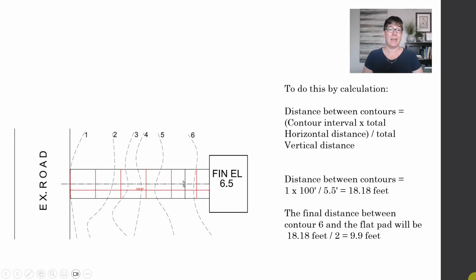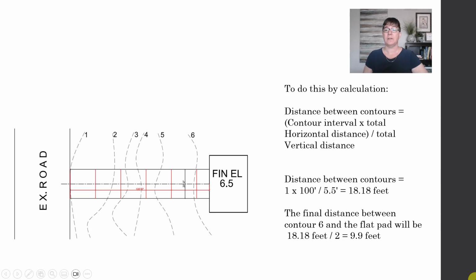You can do this by calculation as well. The distance between your new modified contours is going to equal the contour interval, in this case it's 1, times the total horizontal distance of your road, in this case it's 100 feet, divided by the total vertical distance that you need to travel. In this case, it's 5.5 feet.